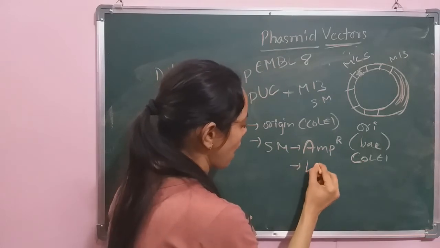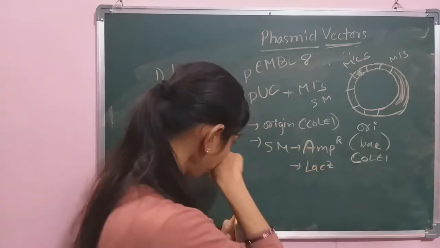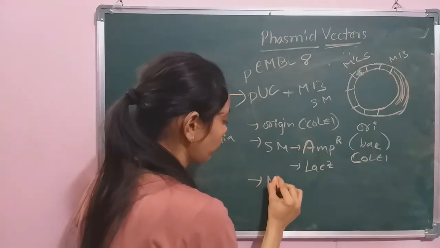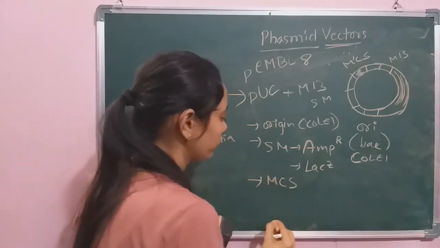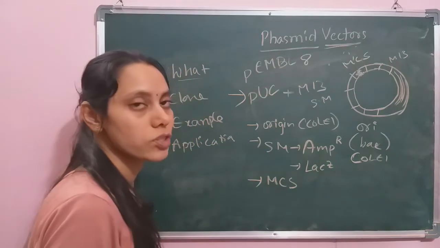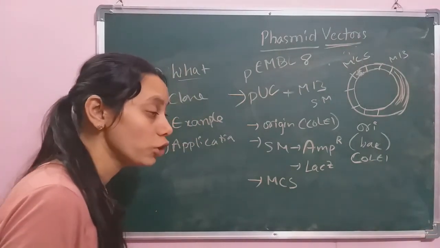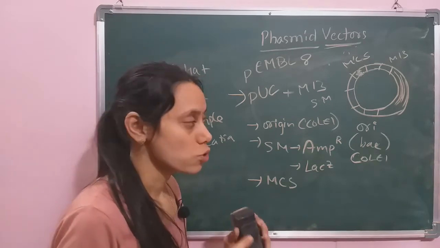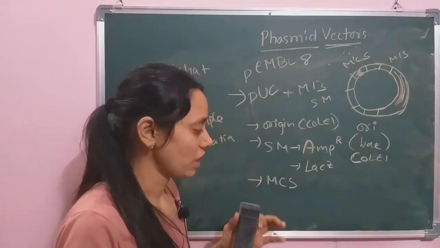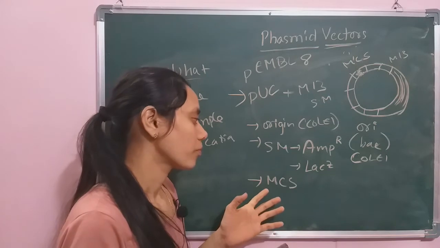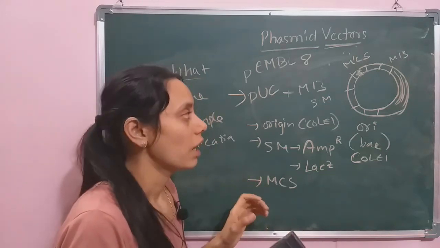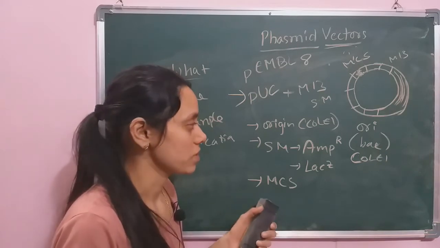and the lacZ gene and a multiple cloning site, that means a polylinker portion which has different unique restriction enzyme recognition sites, and we can use one of its suitable restriction enzymes to open this multiple cloning site, and we can insert the gene of our interest in it.